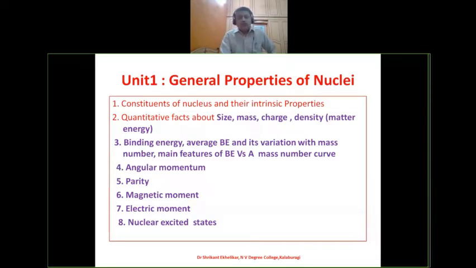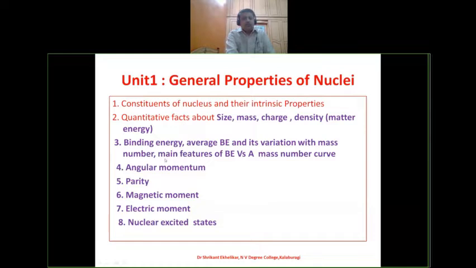Today we will continue to discuss the other properties, that is density of the nucleus, charge of the nucleus, and the most important part of this topic, that is binding energy, which is a result of mass defect.